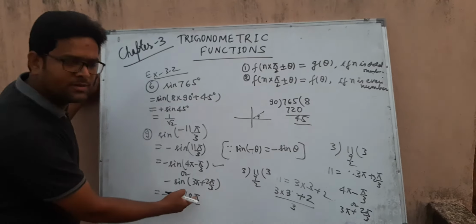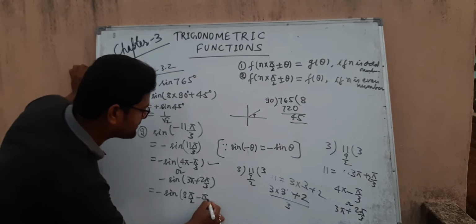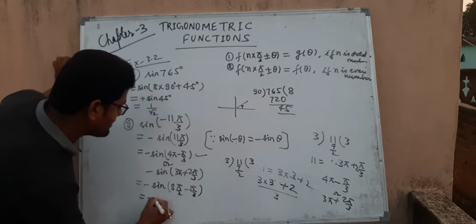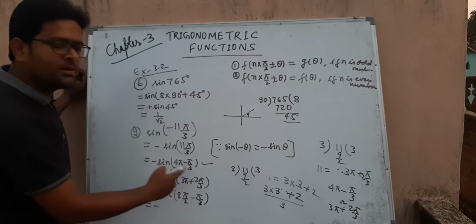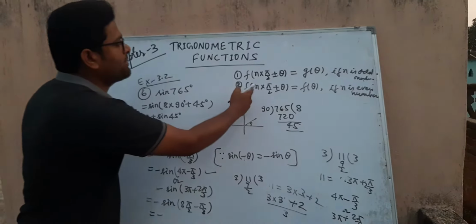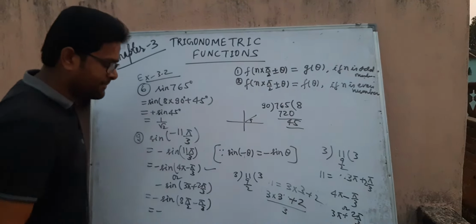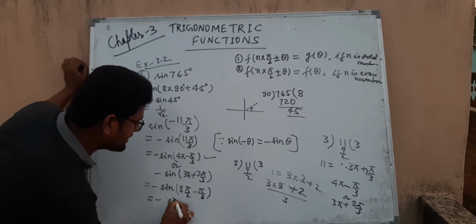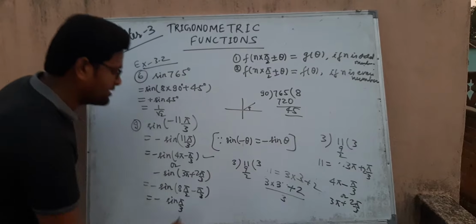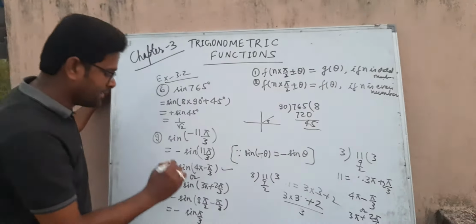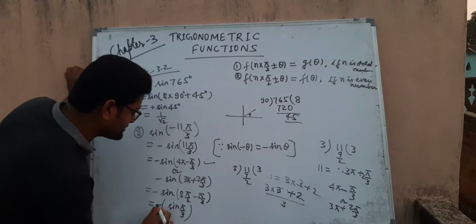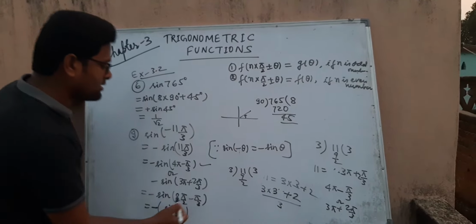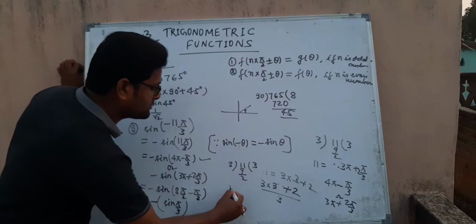So 8 pi by 2, an even multiple of pi by 2, minus pi by 3. Now see, it is minus sine of an even multiple of pi by 2 minus pi by 3. An even multiple of pi by 2 means the function remains the same. So I will write sine pi by 3, the same function. Now we have to think about its sign. What will be its sign, plus or minus? So see, 8 pi by 2. Can you understand it?